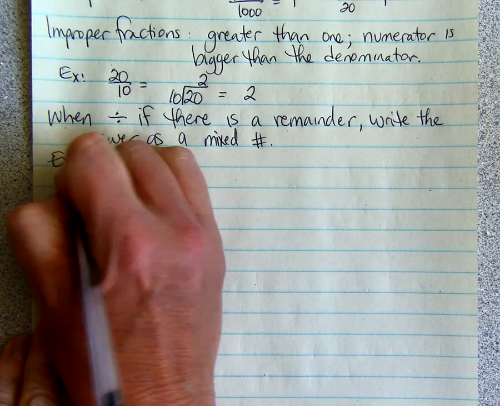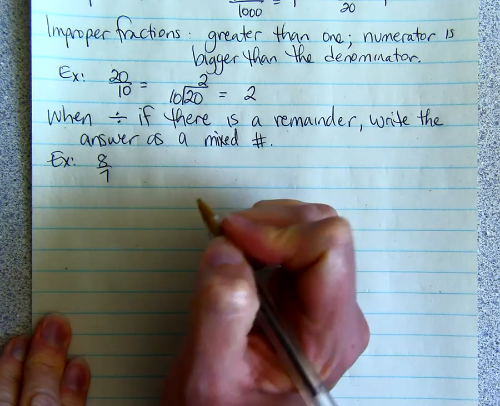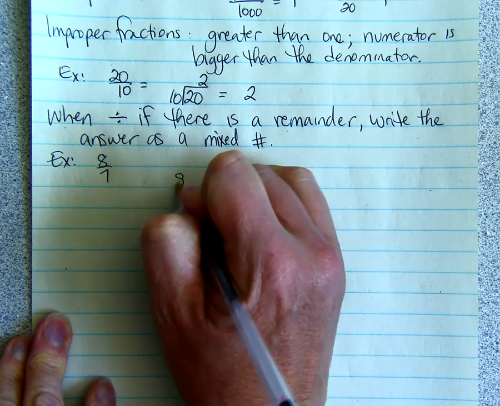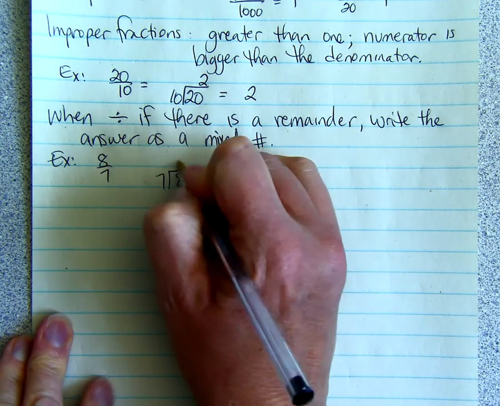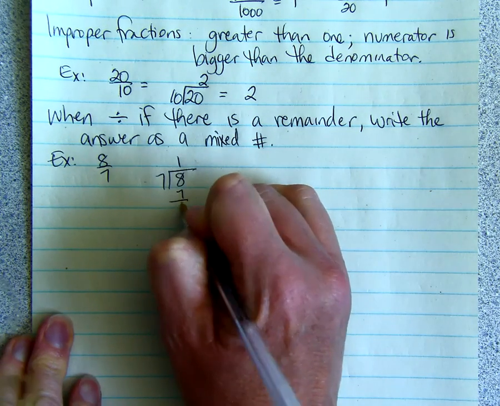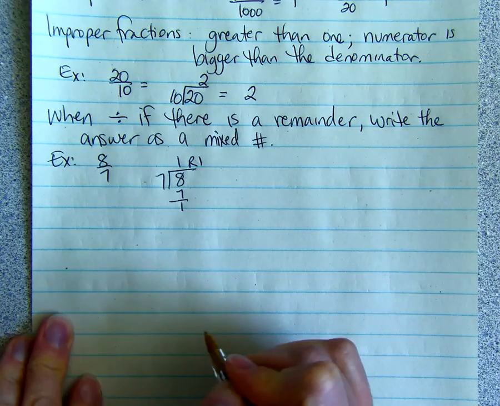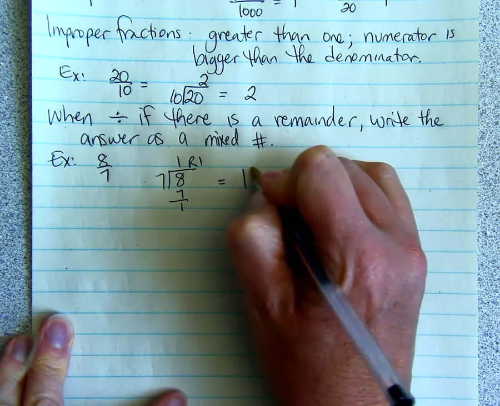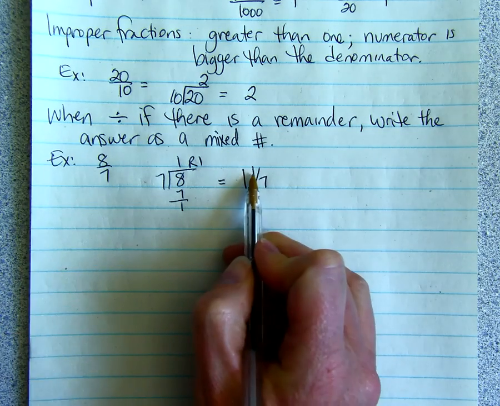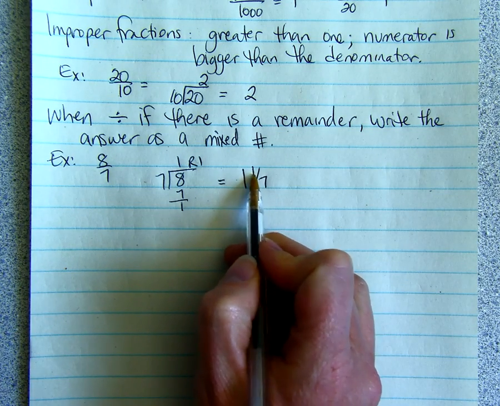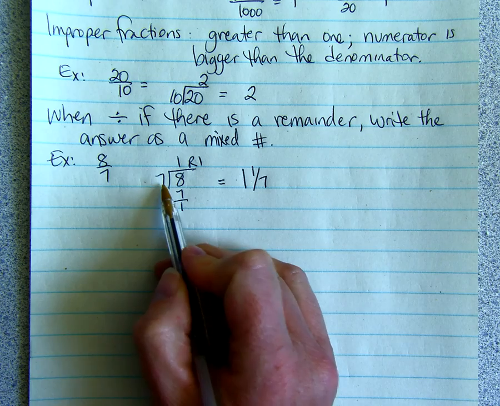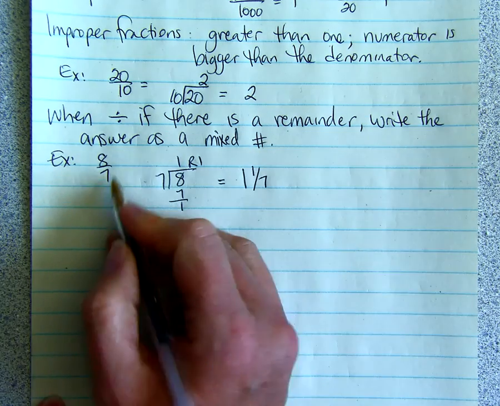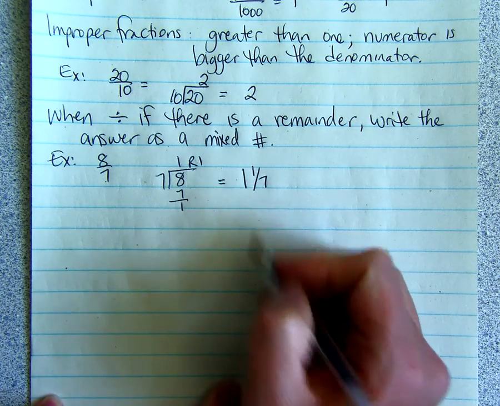If we have 8/7, when we divide 8 by 7, we get 1 with a remainder of 1. So just write the answer as 1 and 1/7. That remainder 1 is 1 part out of the 7, what you're dividing by. So 8/7 equals 1 and 1/7.